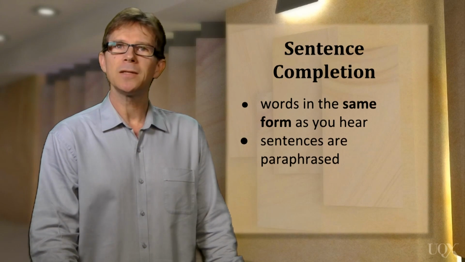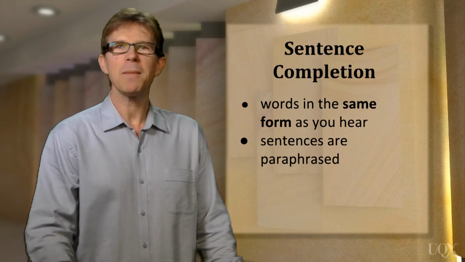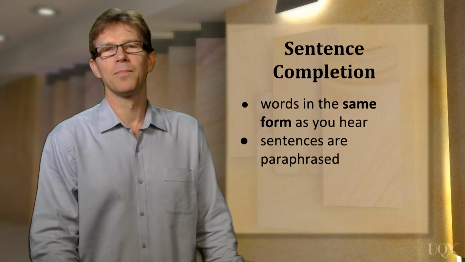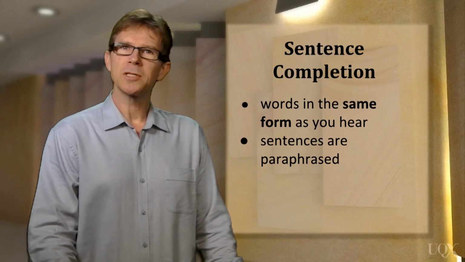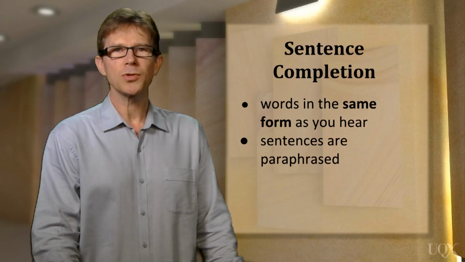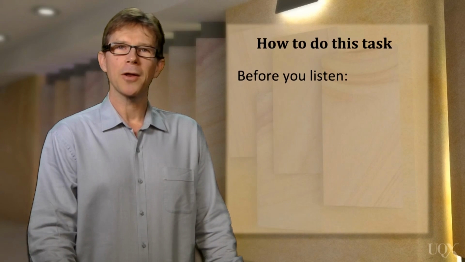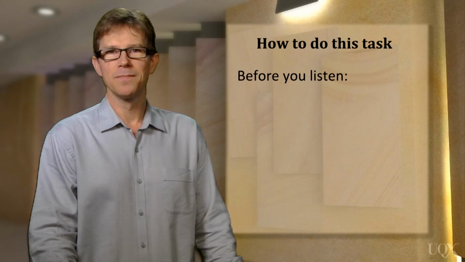That is, you will hear different words in the recording to what you see on the page, but their meaning will be the same. Remember as well that, like all the other sections of the IELTS test, it's important to spell answers correctly.